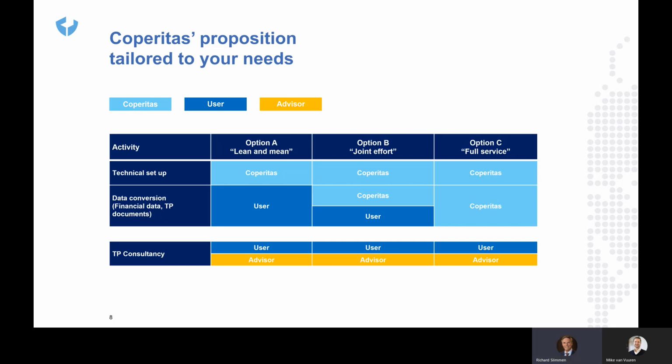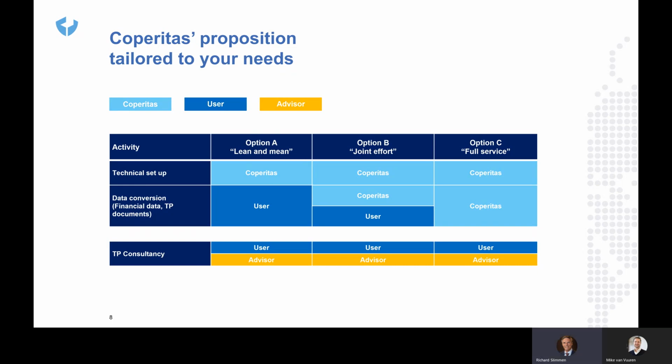Option B is the joint effort, where Coperitas provides access to your private environment, while data conversion will be a co-effort between Coperitas and yourself. And option C is the full service option, where Coperitas takes care of all data conversion and provides you with a ready-to-go environment.